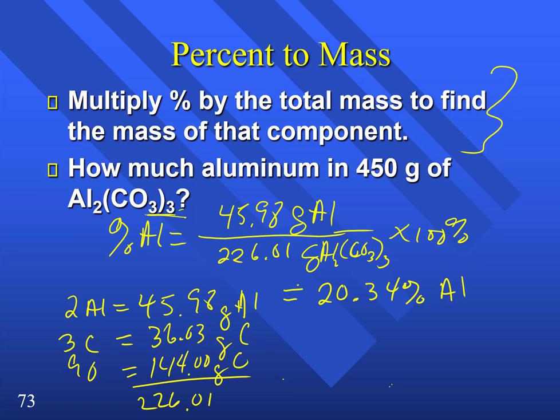So I have a total of 450 grams. 20.34% of it is aluminum. So the grams of aluminum is going to equal 450 grams, the total grams, times 20.34%, which is 20.34% means over 100, so move it back twice, times 0.2034.